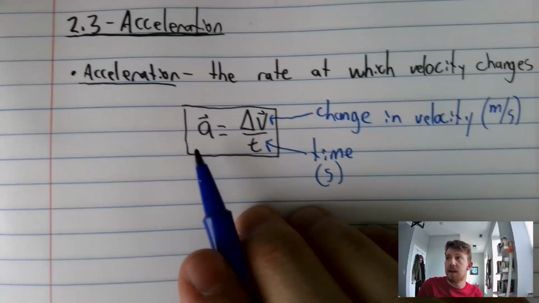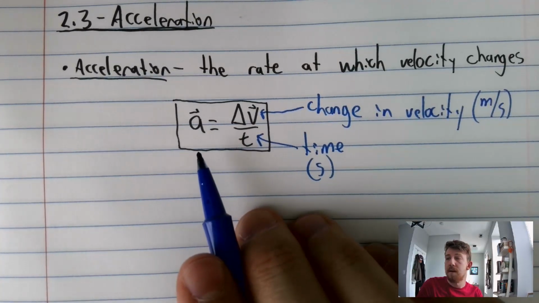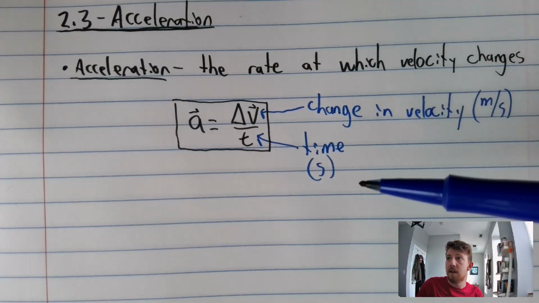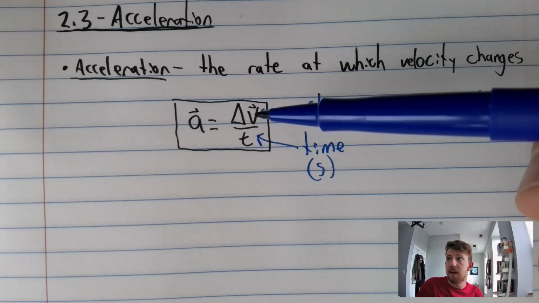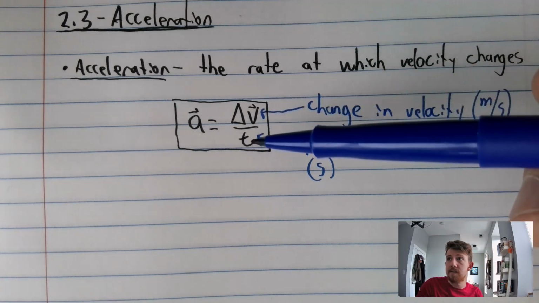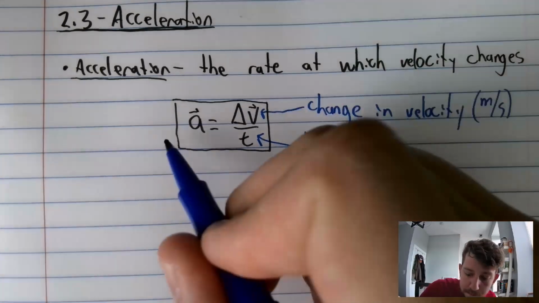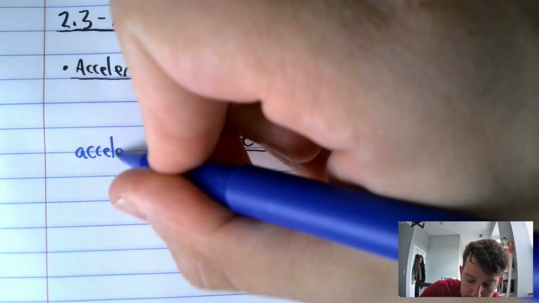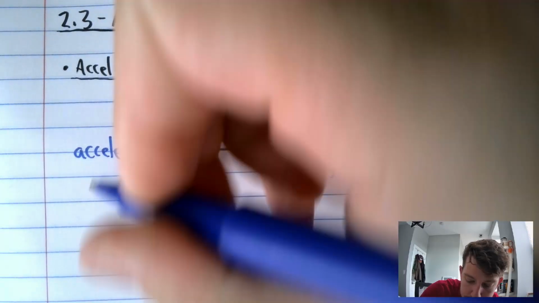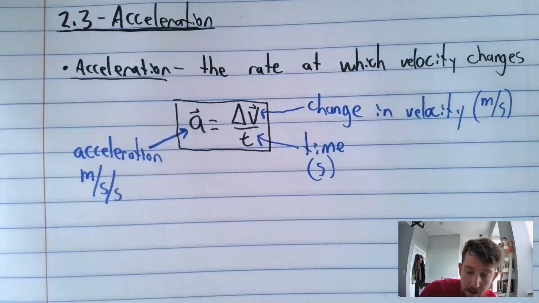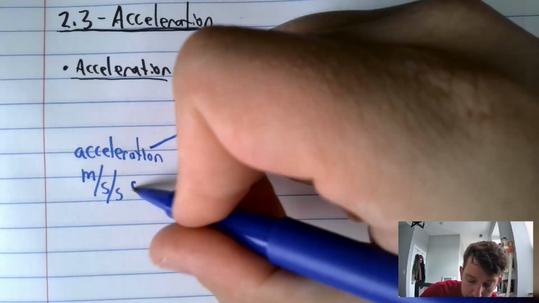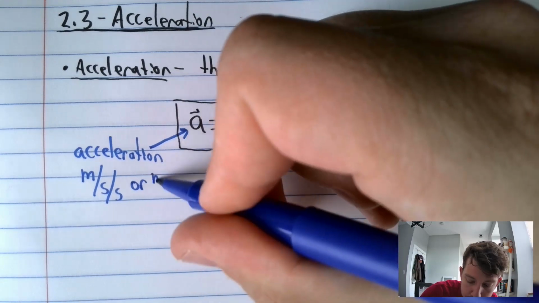And acceleration has sort of a cool unit. We can see it showing itself here. This is meters per second. This is seconds. So this is meters per second per second. Another way to write it, meters per second squared.